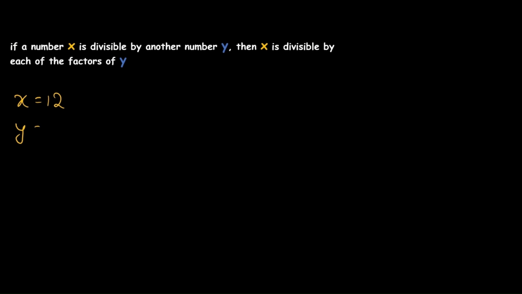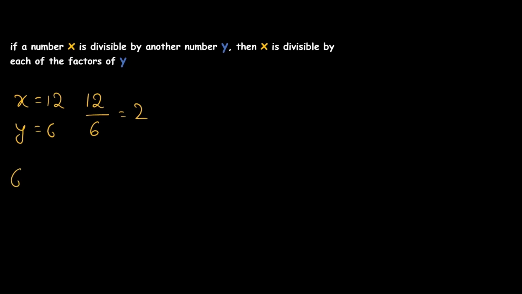Let's pick y as 6. So 12 divided by 6 gives 2 as the quotient and 0 as the remainder. Now let's check the factors of 6. Are they able to divide 12 completely?